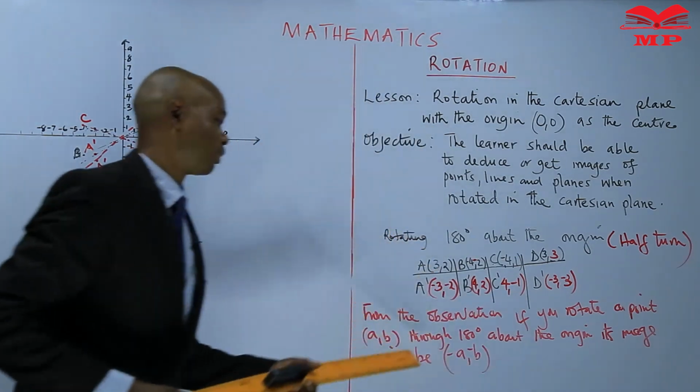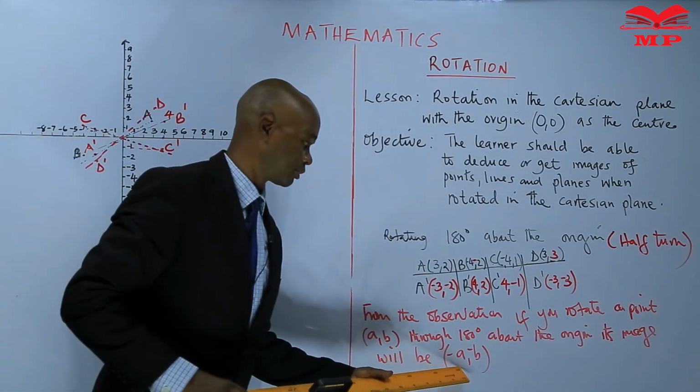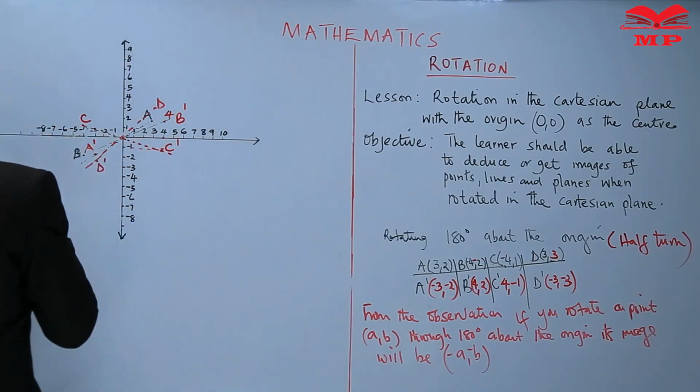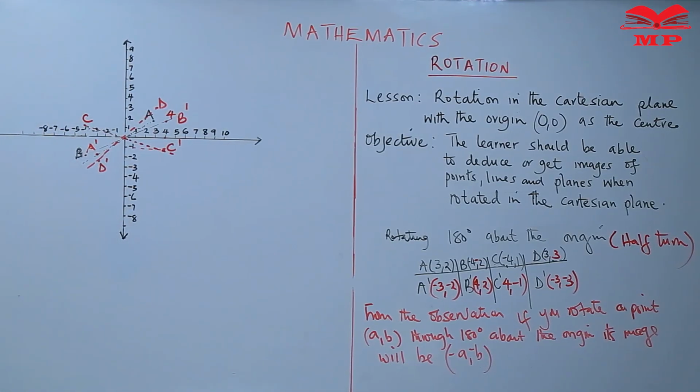So if it is 4, 4, it will become -4, -4. That is the conclusion. Now you can easily look at rotating through -90 degrees.